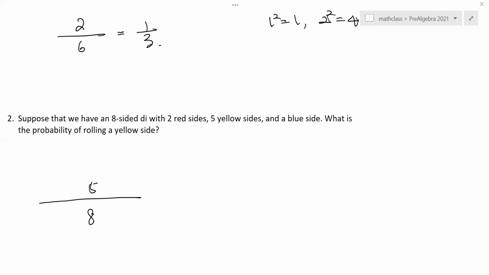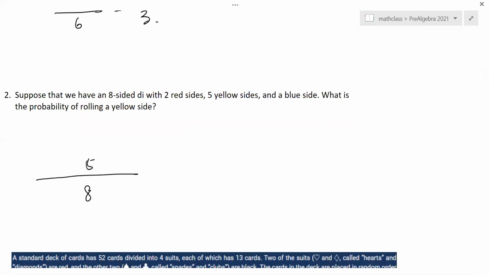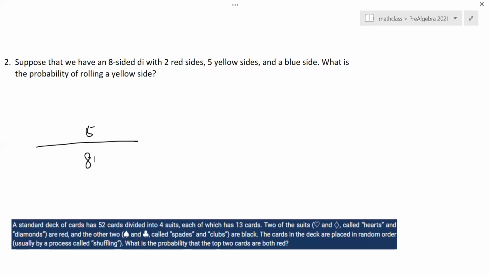Okay, it's pretty good. So now let's talk about a standard deck of 52 cards. Let me describe the standard deck. A standard deck has 52 cards divided into 4 suits, each of which has 13 cards.